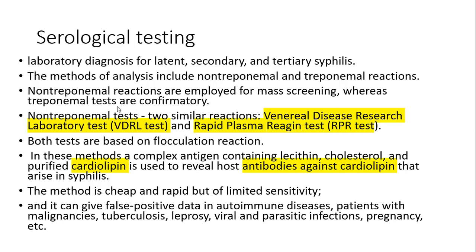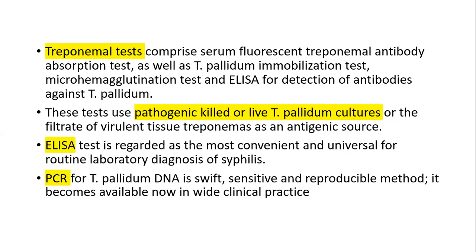They are called reagins, antibodies which appear in the process of cell damage, cell destruction, and also pregnancy. And that's why non-treponemal tests can't confirm syphilis.